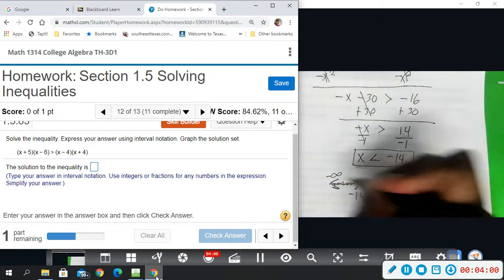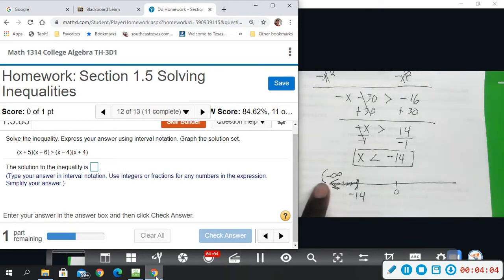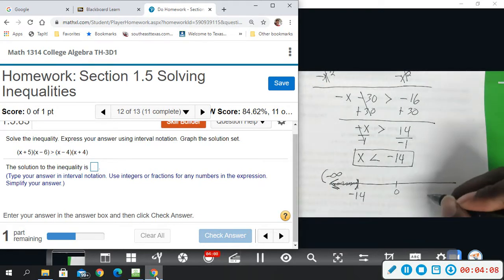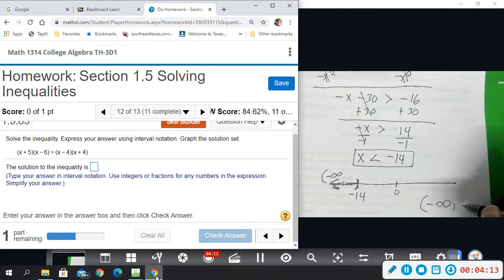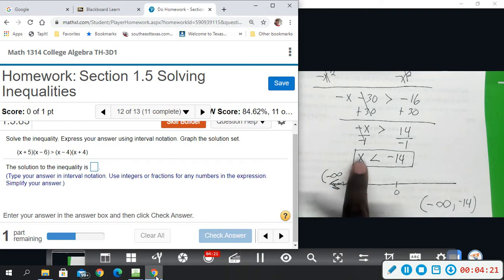This will be graphing it, and for interval notation, infinity is always in parentheses. So our interval notation is negative infinity to negative 14. This arrowhead will always point you in the direction as long as you have your variable on the left. So this will be our interval notation, and this will be our graphing solution.